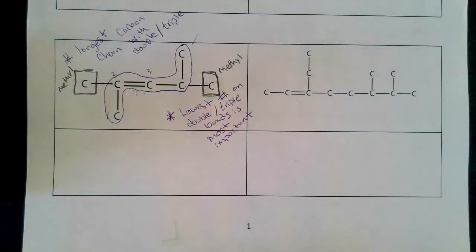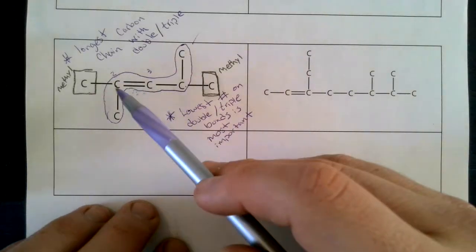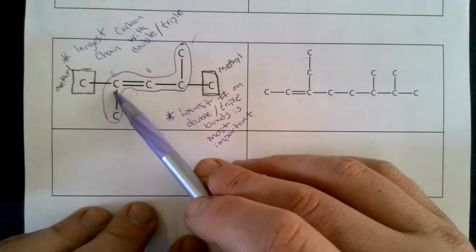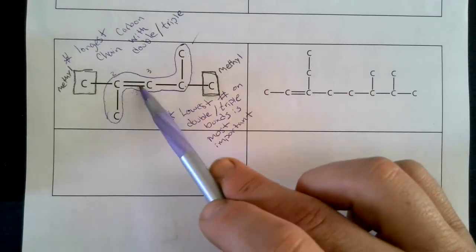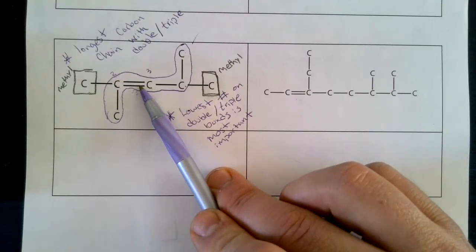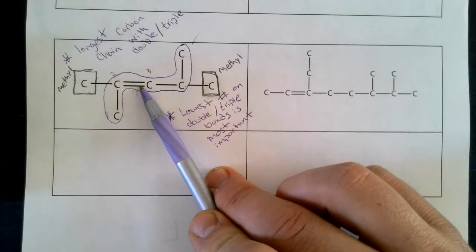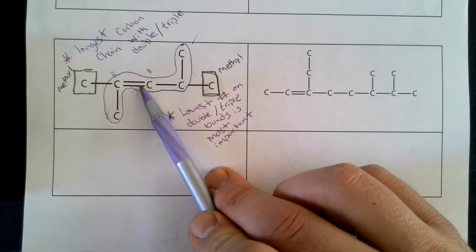So after what carbon does the double or triple bond happen at the lowest numbering? And in this picture, it happens to be at the second. So this just dictated the numbering system for the whole chain. Once you decide the way you're going to number it, that's the way it sticks.